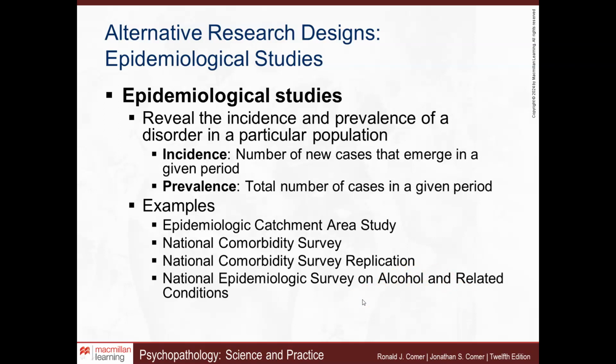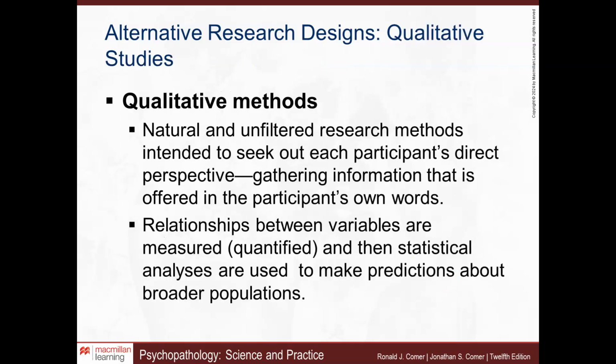Going forward here, another type of design is what's known as qualitative methods. Qualitative information is natural and unfiltered. These research methods intend to seek out each participant's direct perspective, gathering information that is offered in the participant's own words.